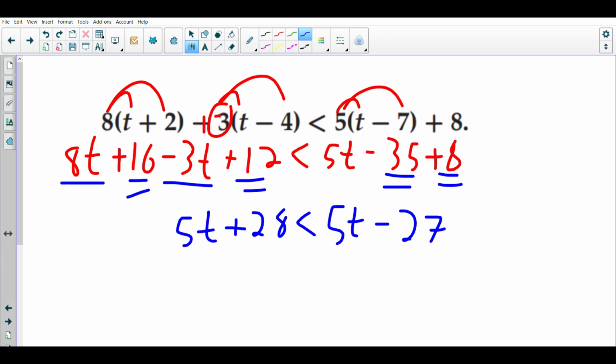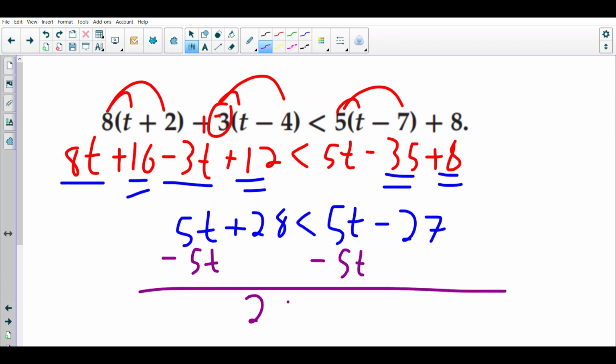In this problem, now we move things around. I'm going to move that t, so I'm going to subtract 5t from both sides. So I get 28 is less than negative 27. Well, wait a minute.